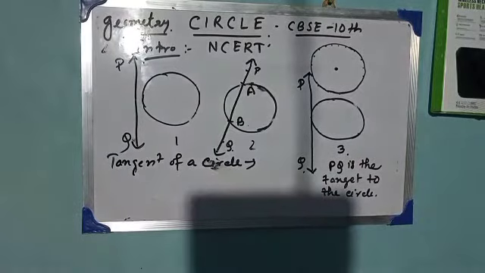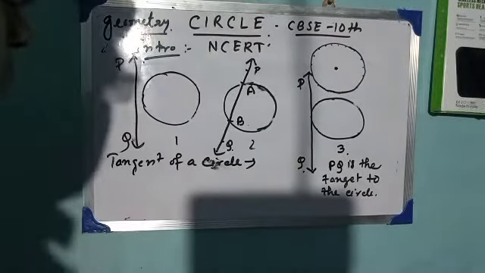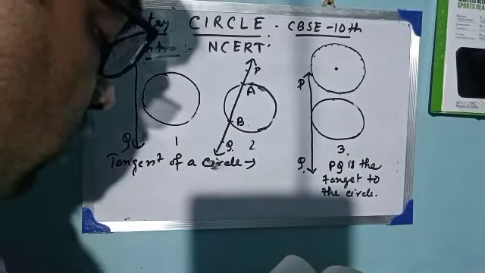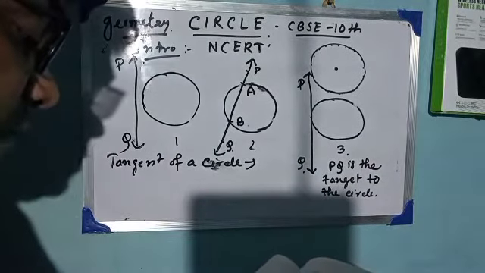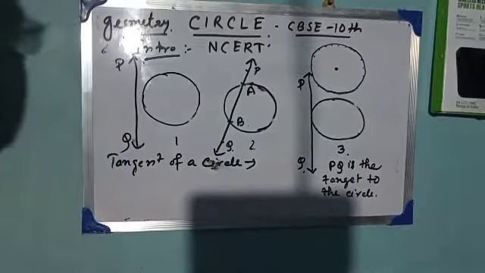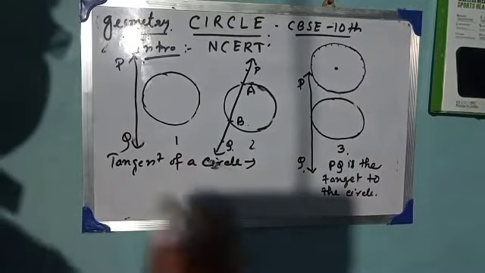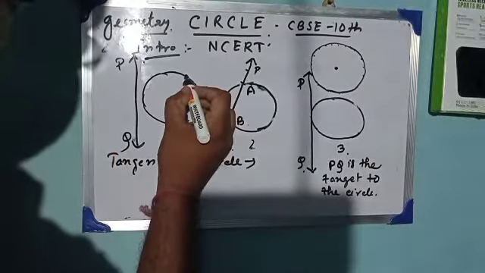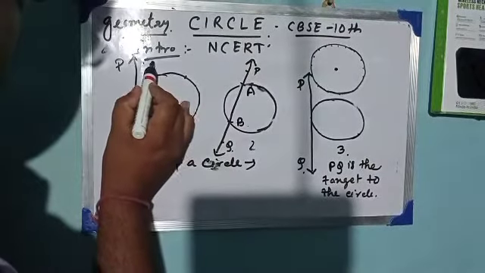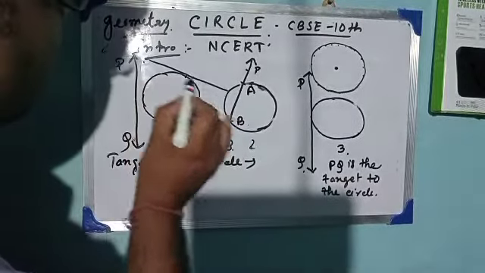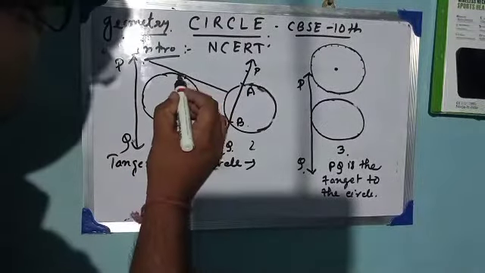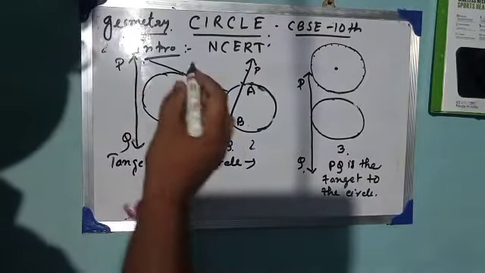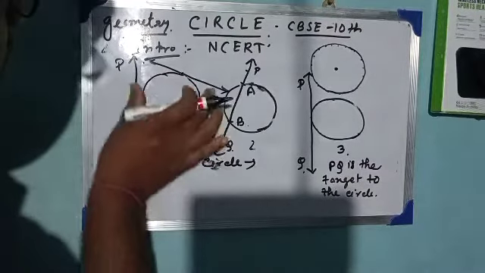One thing we have to remember for the tangent of a circle is that there is only one tangent at a point to a circle. Suppose I am taking one circle over here, and if I take one point on the circumference, there will be only one tangent we can draw from that point.